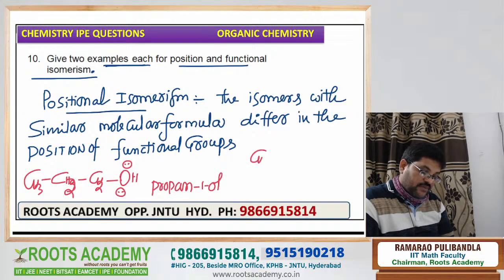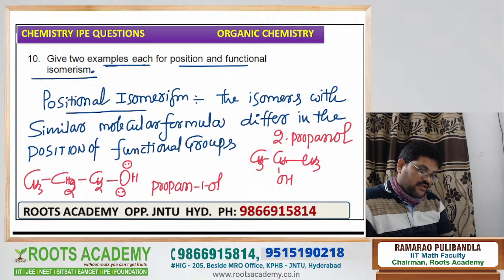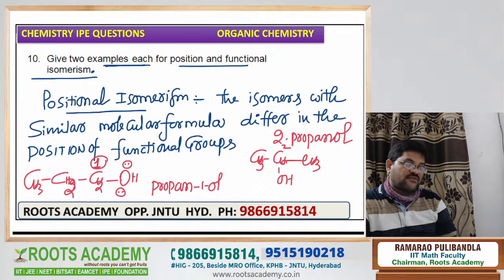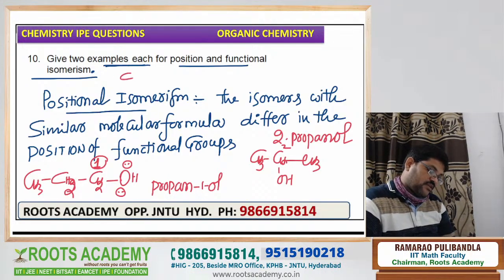The same molecule I write like this: CH3CH(OH)CH3. You get 2-propanol. That means the position of the functional group changes. Here the alcohol is attached to the first carbon, and here to the second carbon. That's the difference in the position of the functional group. Simple logic, no confusion.